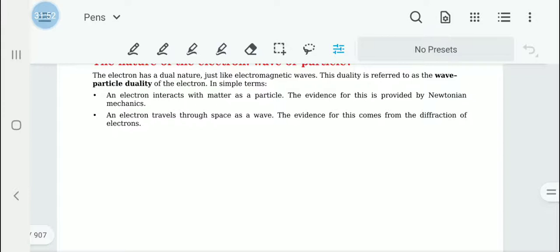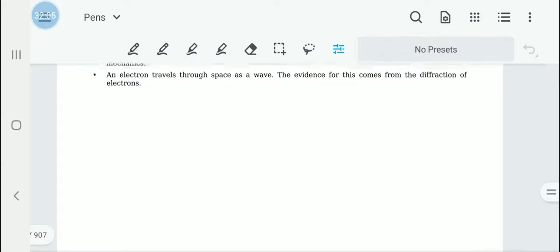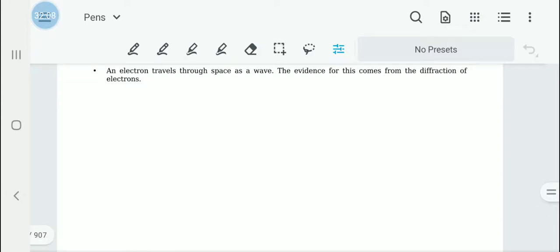Put a dash and write evidence in Newtonian mechanics. Then electrons travel through space as a wave. Put a dash and write down diffraction of electrons.